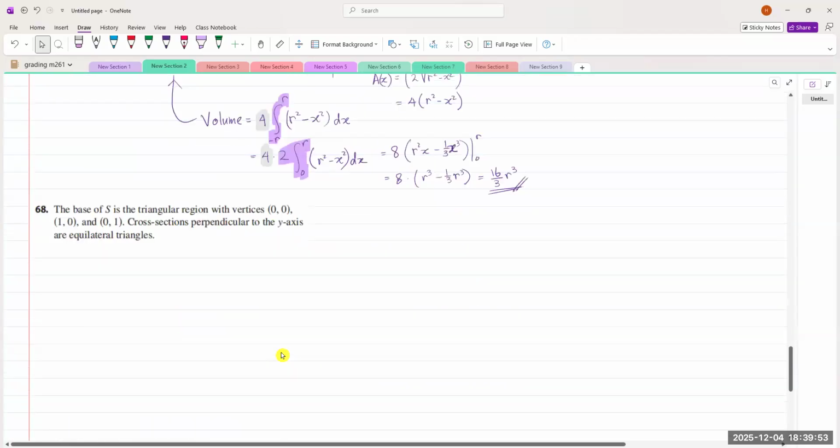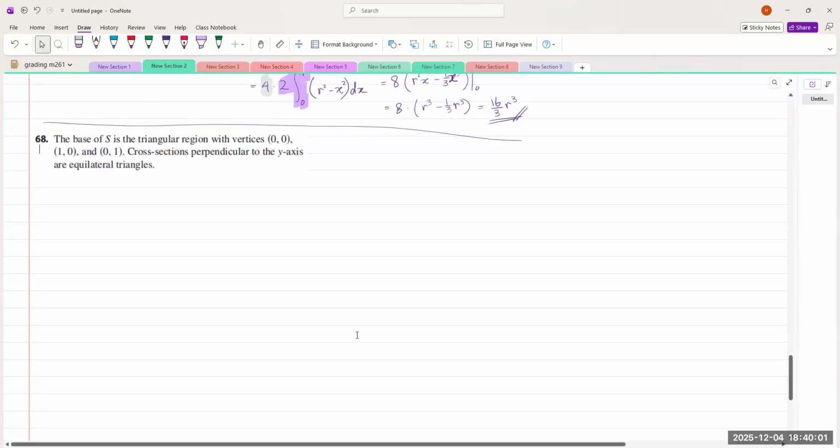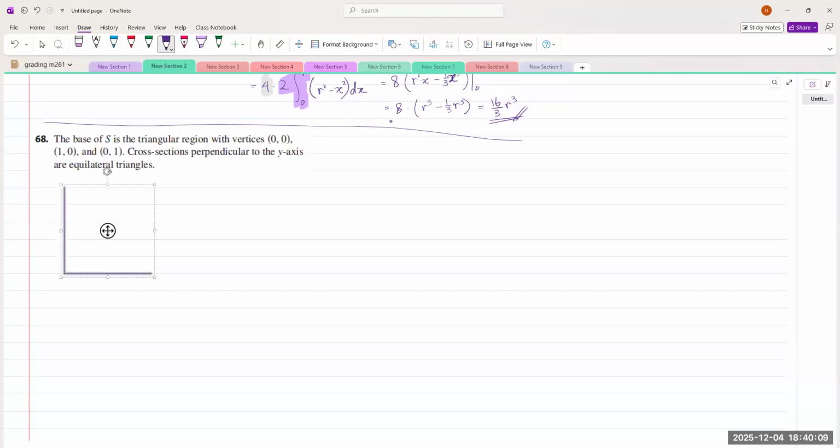Okay, let's go on with number 68. The base of this solid S is a triangular region with vertices (0, 0), (1, 0), (0, 1). Okay, so this is the base.